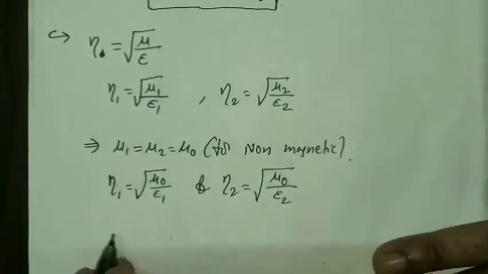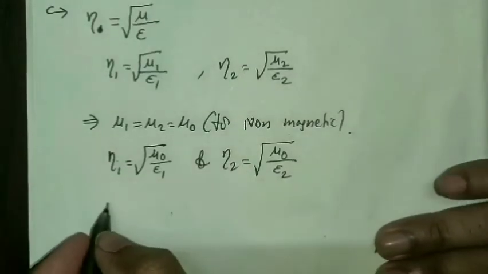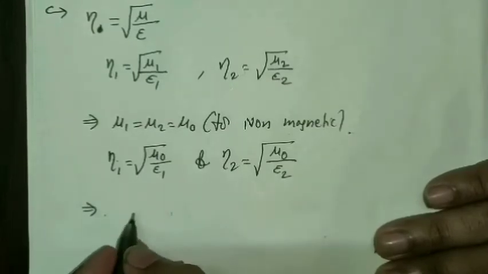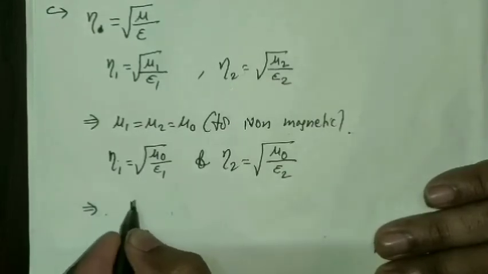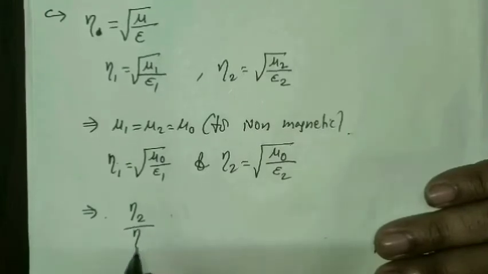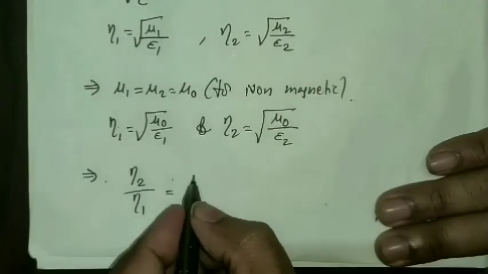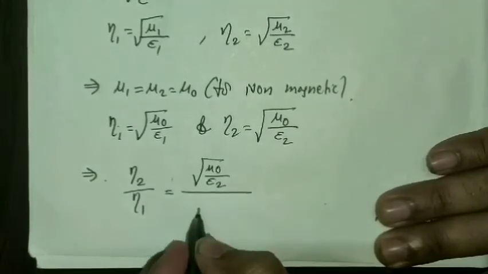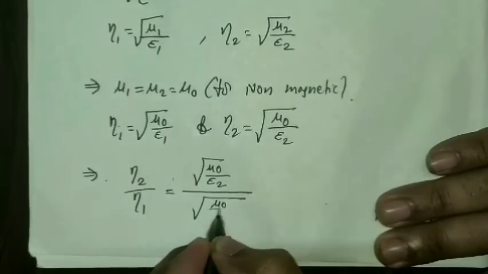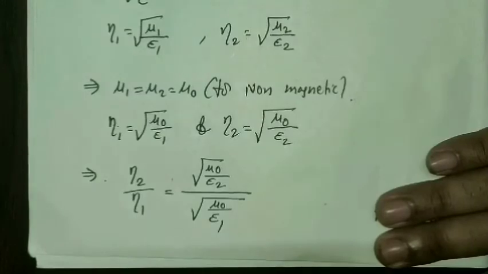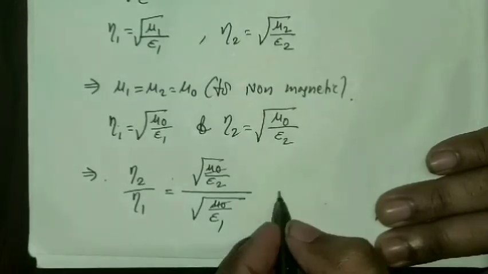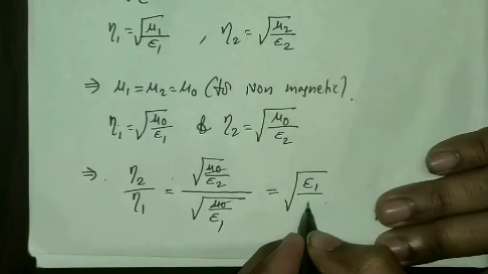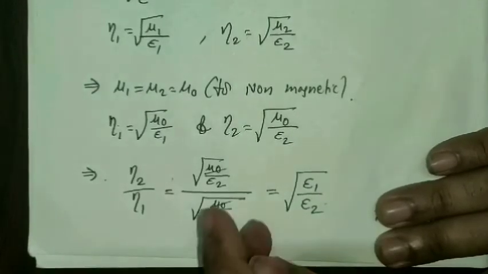Taking the ratio eta 2 by eta 1, which is square root of mu 0 by epsilon 2 divided by square root of mu 0 by epsilon 1, mu 0 gets cancelled off. The resulting expression is square root of epsilon 1 by epsilon 2.